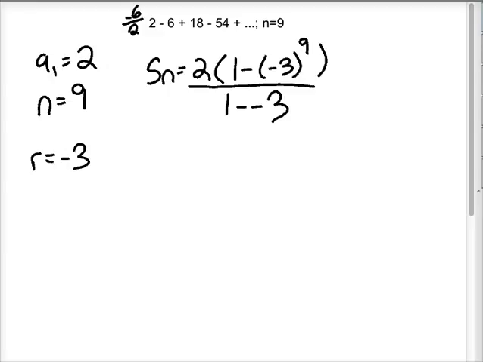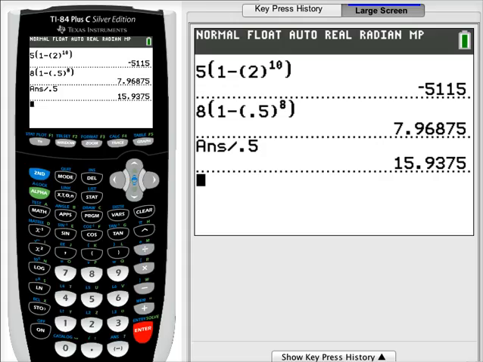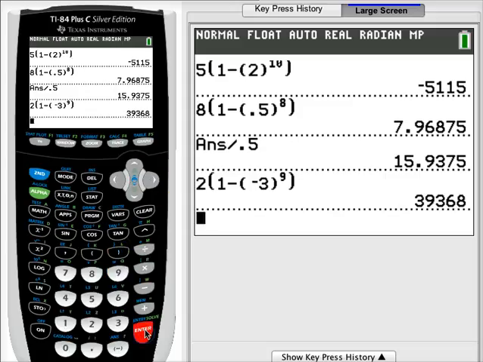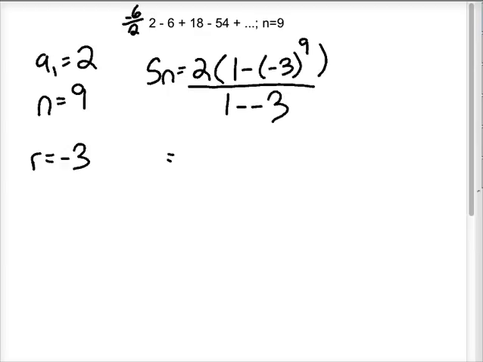All right. So again, let's plug that top into the calculator. 2 times 1 minus -3 to the 9th power. I plug all that in, get 39,368.